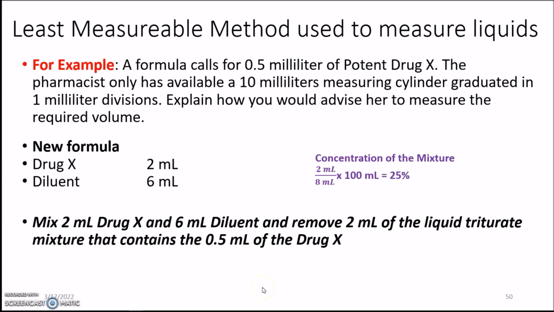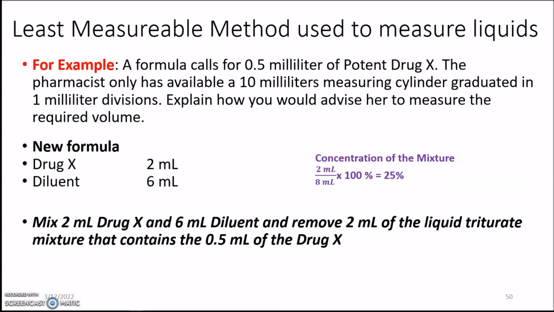So this means that we are now going to be mixing 2 mils of drug X with 6 mils of diluent to form a homogeneous mixture. And from that liquid mixture, we're going to remove an aliquot of 2 mils that will contain the 0.5 mils of drug X. Of course, when we're making any triturate, whether it be a solid or a liquid, we find the concentration, which is 2 mils over 8 mils times 100%, which gives us 25%.